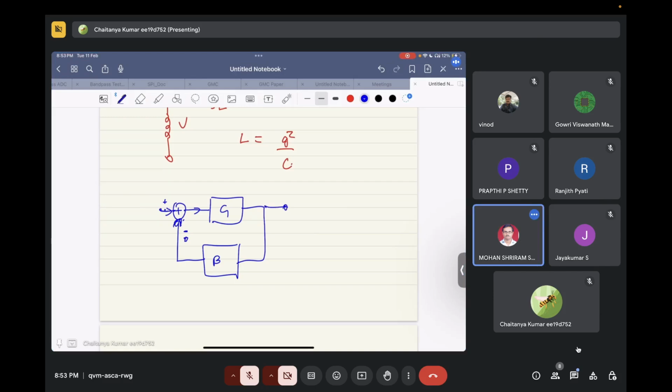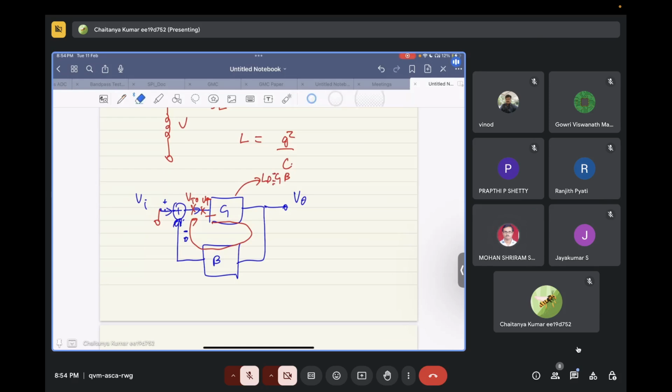Closed loop gain is the gain from input to the output when the complete loop is closed, and loop gain refers to, let's say you have broken the loop, and you are given a test input over here, what will be the gain from here to here when the input is given as 0. So this will be equal to G times beta, the loop gain. Basically we can remove the negative quantity.